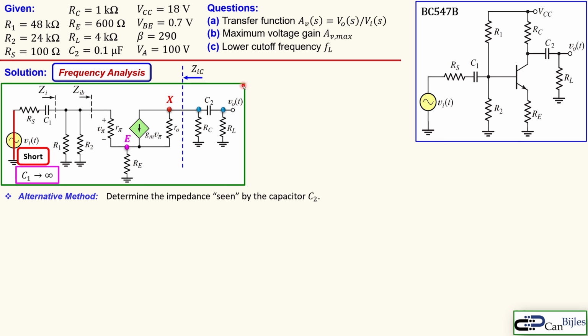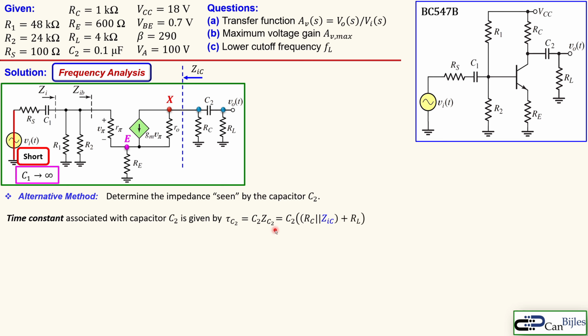So looking here, which I call the ZIC, looking into the collector node input, the associated time constant of this capacitor C2 is then given by this expression. This is a very important expression because this time constant will also determine the lower cutoff frequency. So you see the C2 and the impedance seen by the C2, which is given by ZC2.